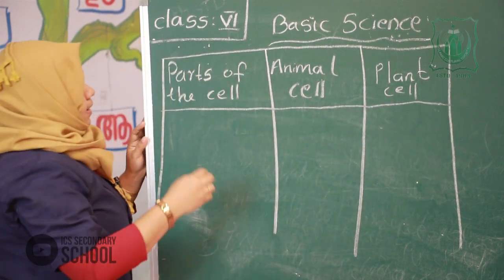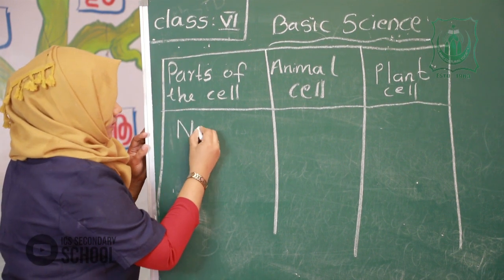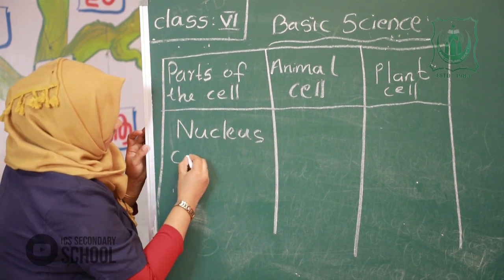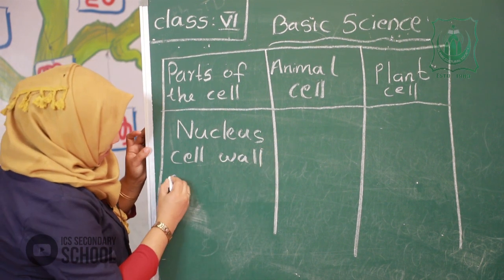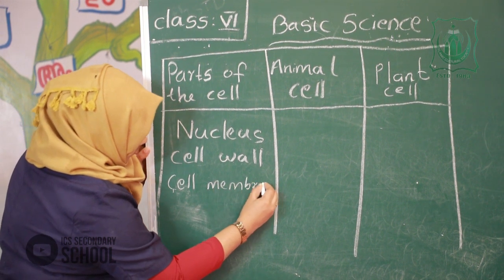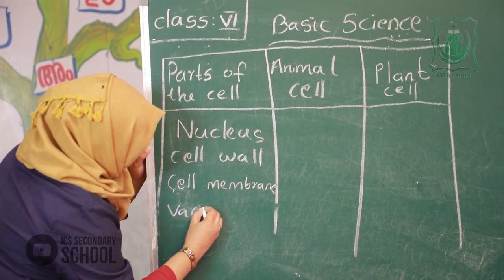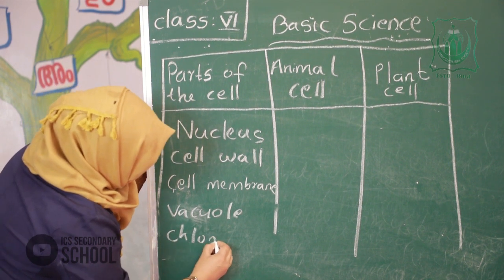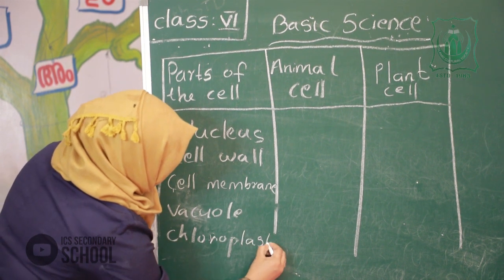Yes, what are the parts of the cell? Yes, first nucleus, then cell wall, cell membrane, vacuole, chloroplast, last cytoplasm.